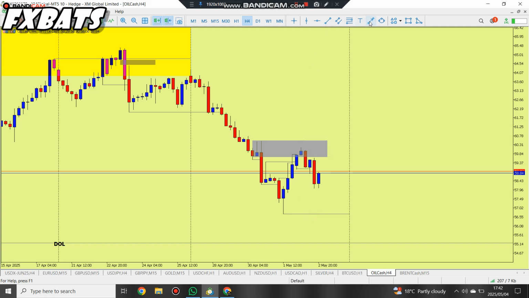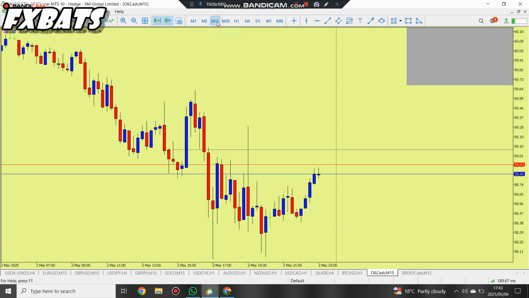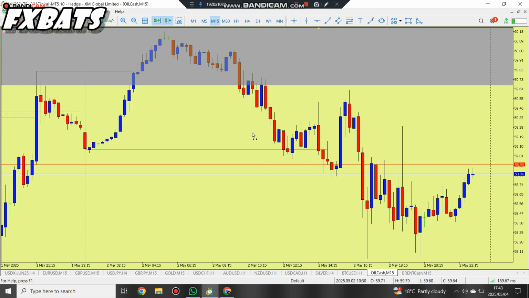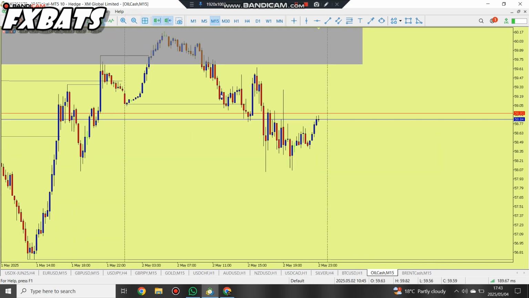On Friday, we saw price reacting towards this 4-hour area of supply. Again we had to find a confirmation on 15 minutes, since it's our time frame of entry. For confirmation, you only look for a reversal pattern.